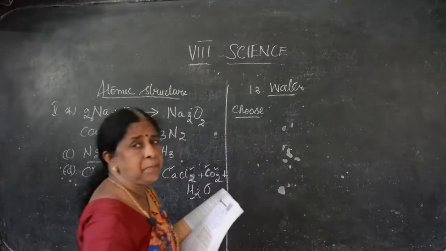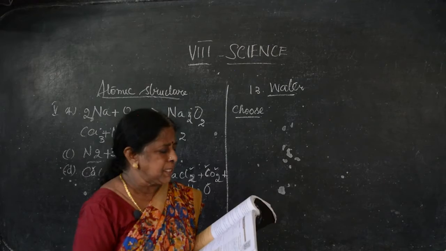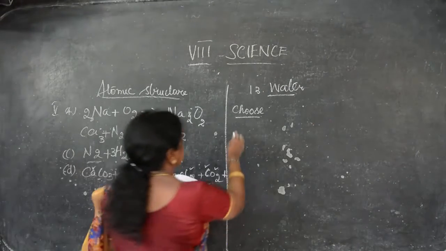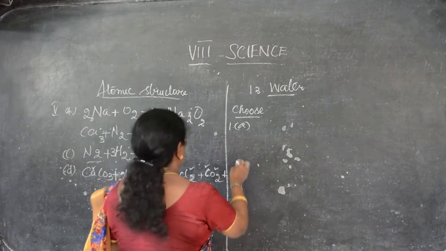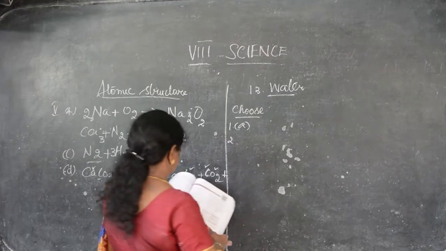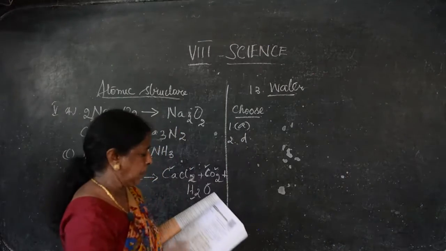Here we revise again because you may not have copied it properly. Water changes to high set. First one is A. Second one is D. I am writing only the numbers because already I gave.